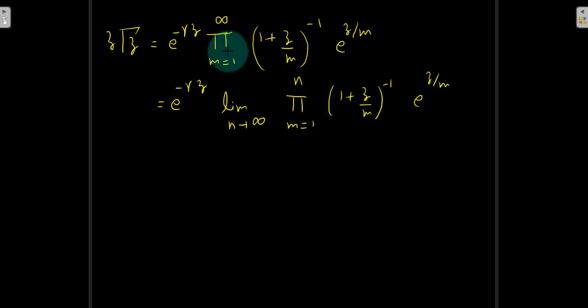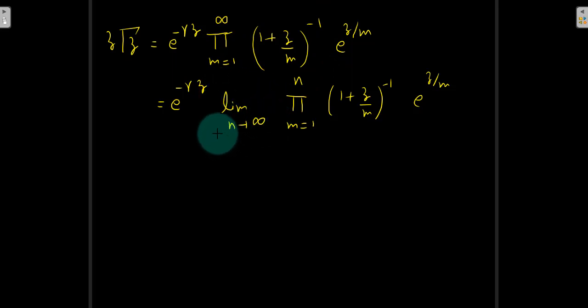If this limit exists, and this limit must exist if this infinite product exists, and that exists because of the Weierstrass definition of gamma function. Since this is convergent, this limit obviously exists.